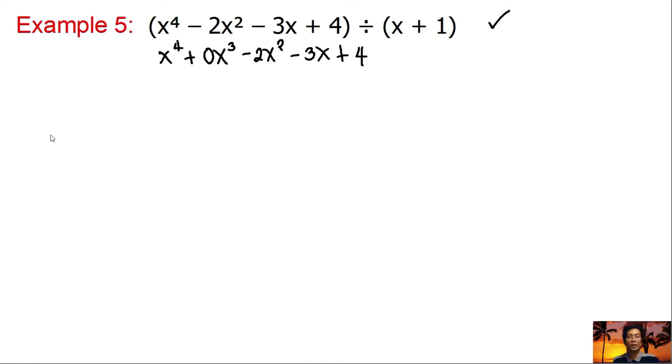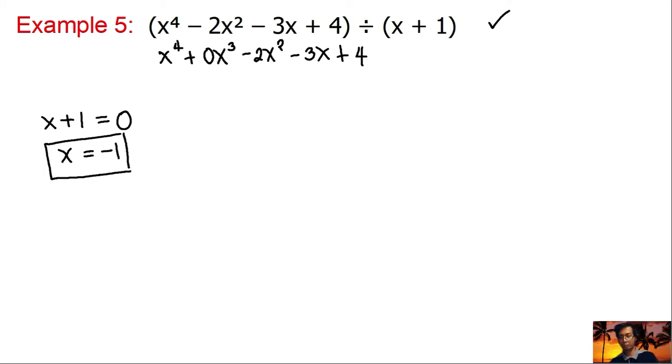So, kunin na natin si divisor. Copy the divisor, x plus 1. Equate it to 0. Next, solve for x. So, x equals negative 1. Okay, so x equals negative 1. Negative 1 will be our multiplier, okay, so sulat natin si negative 1.